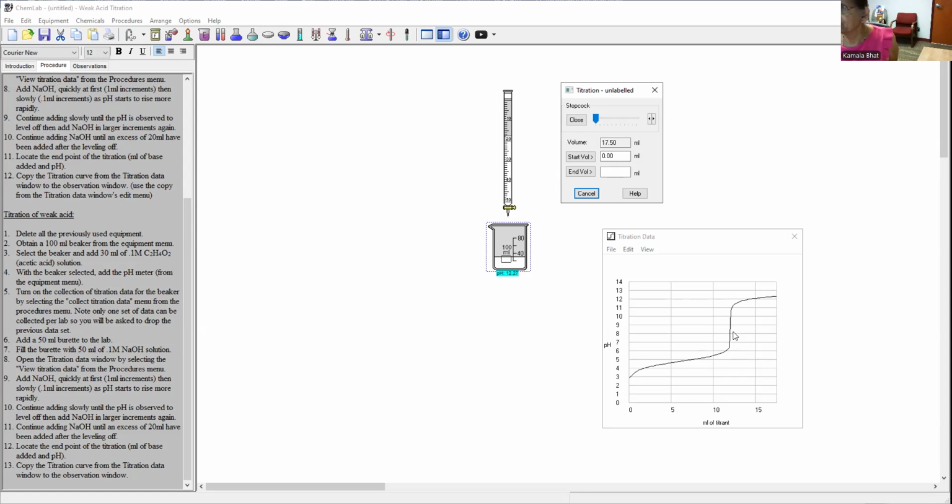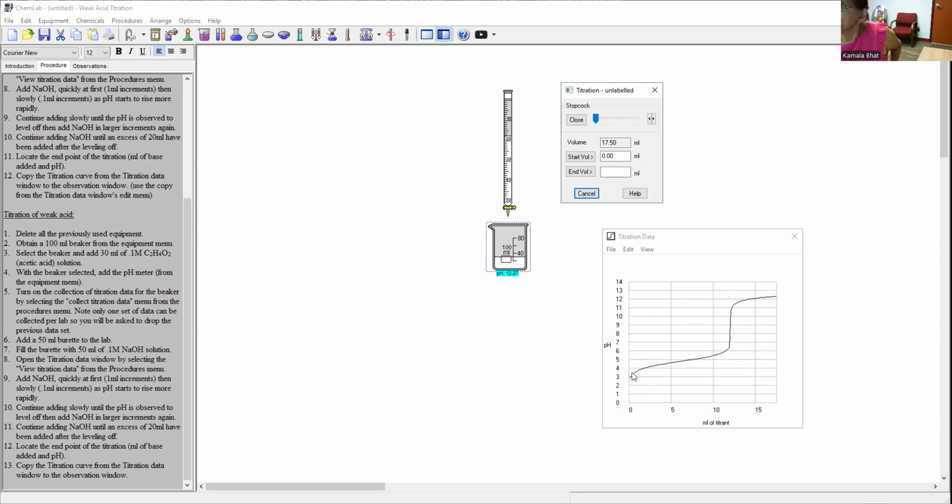Whether it's a weak acid strong base titration, a strong base weak acid titration, or a strong acid strong base titration. Now, that is how to read the graph and find out the nature of your titrant and the titer that you're using.